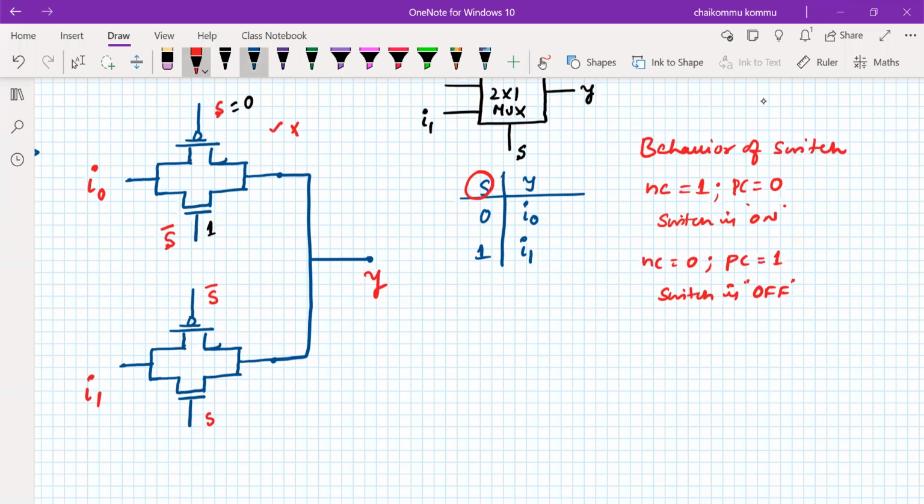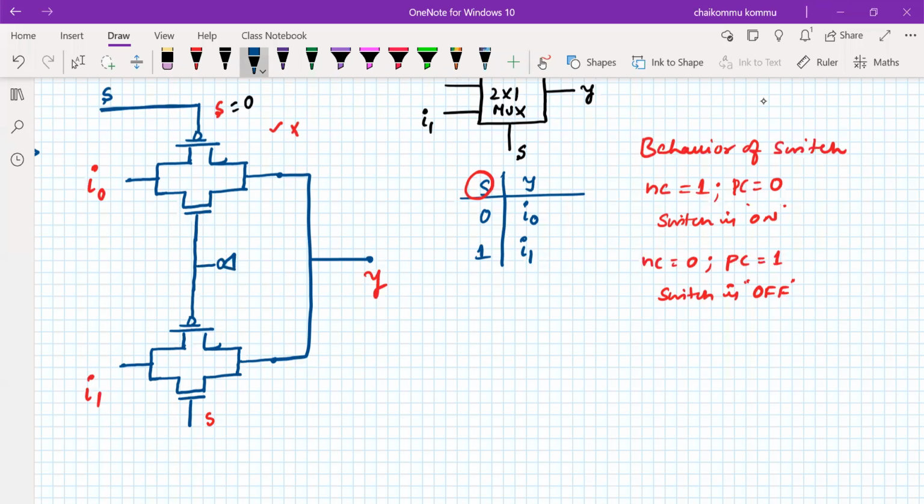Therefore, instead of saying that these are separate lines, I can take something like this, and I want to make it S bar directly. I'll write S something like this. This is my S, and this should be the NOT gate of this one.